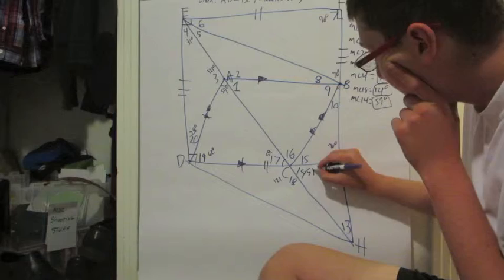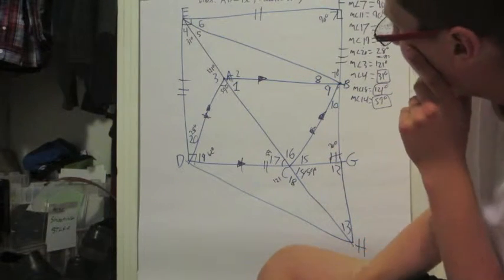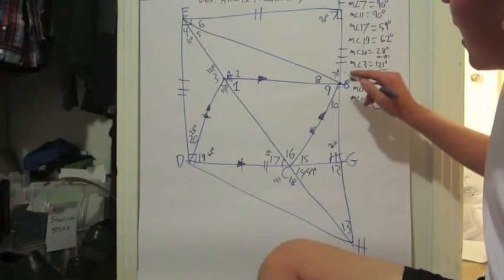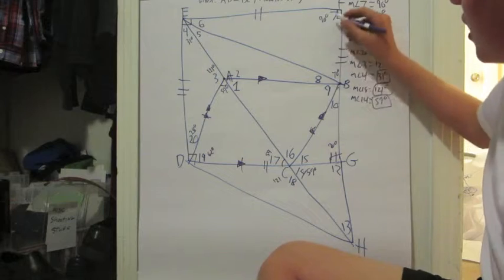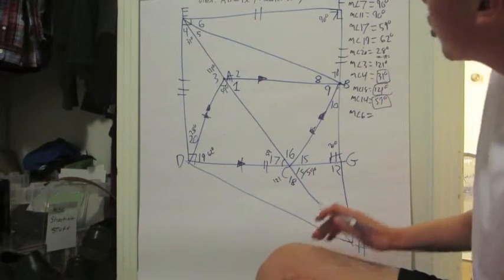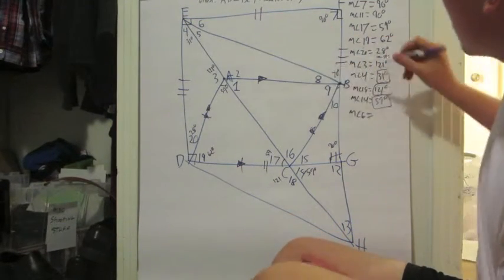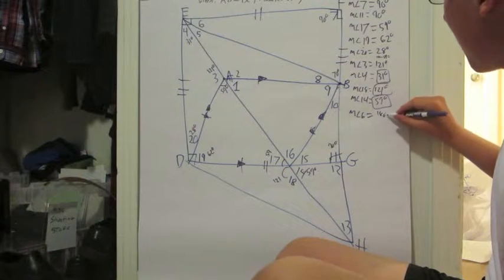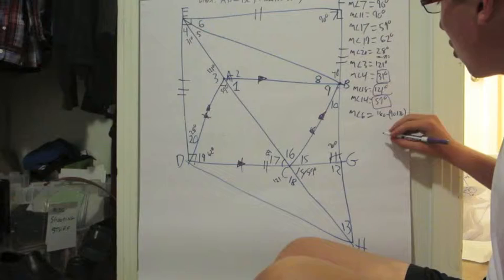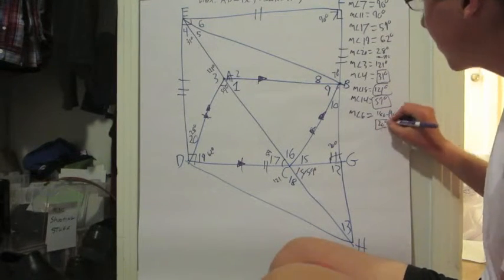So if we know that this is 59 degrees, we can take a look to see what else we can solve. We can go back up here to this triangle, and we can figure out the measure of angle 6, which is solved by the triangle sum of 180 minus 90 plus 70, which would make the measure of angle 6 20 degrees.